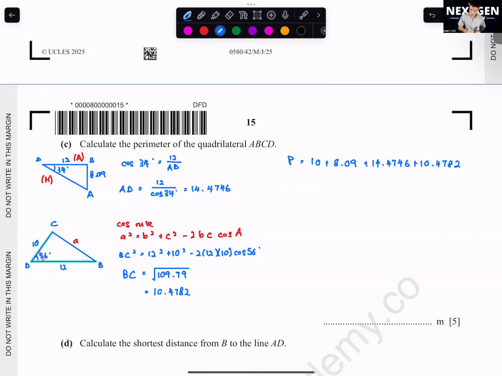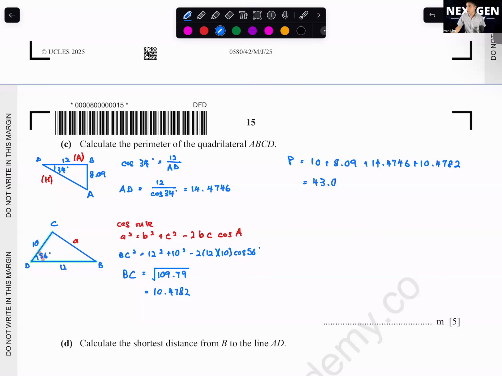Rounding to 3SF. 10 plus 8.09 plus 14.4746 plus 10.4782. According to mine, I will get 43.0.